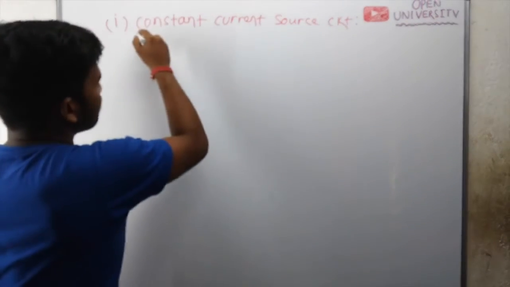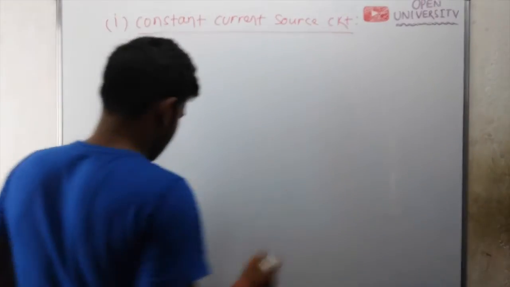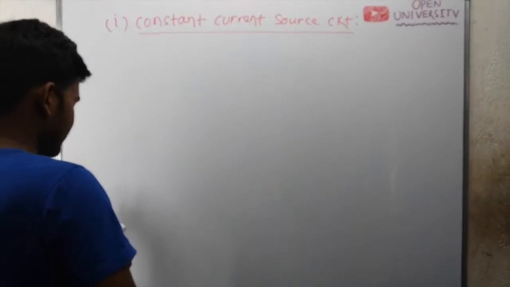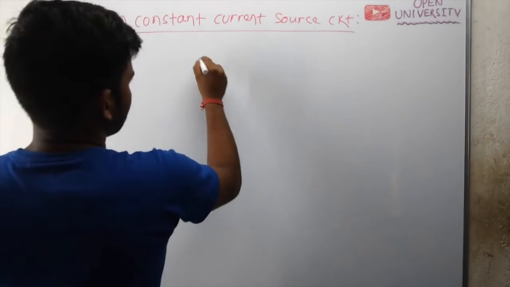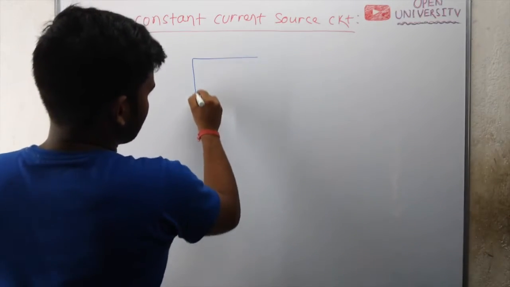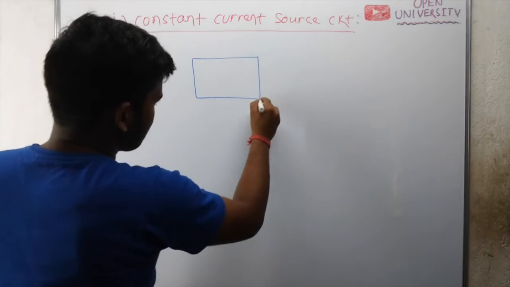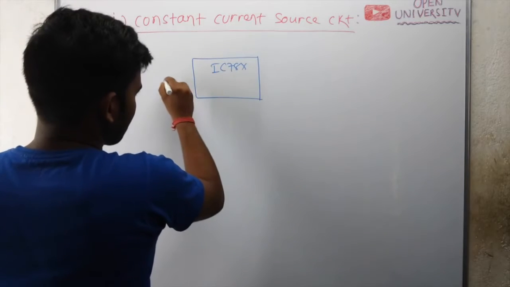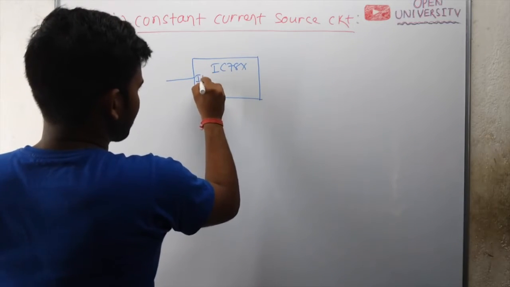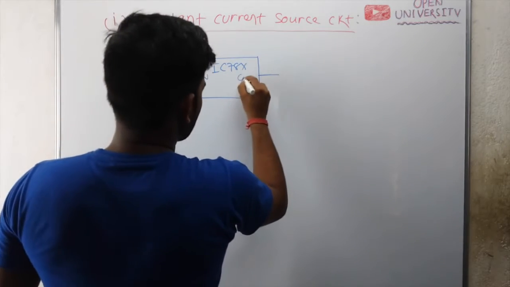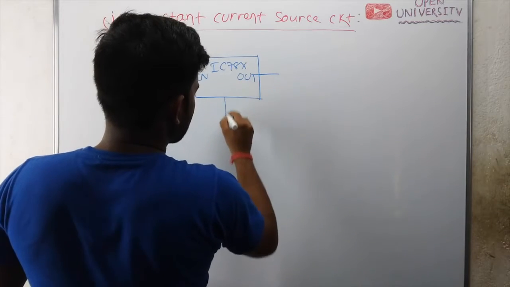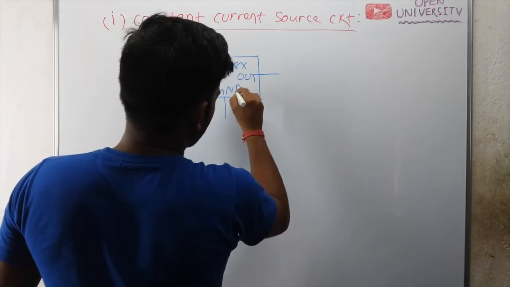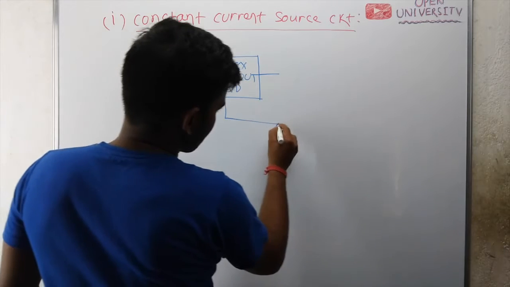Okay, draw the diagram. Let me assume it is IC 78XX. This is the input pin, this is the output pin, and this is the ground pin.